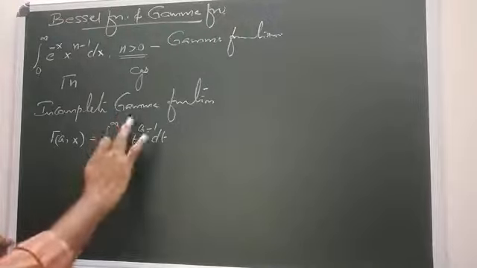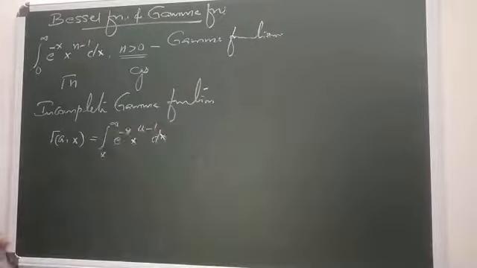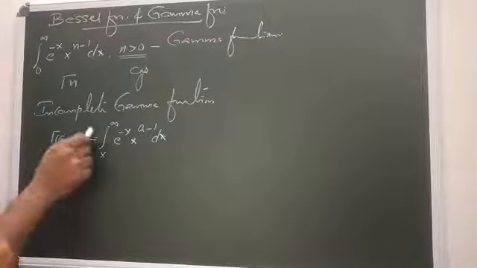So this is the incomplete gamma function, known as the upper incomplete gamma function, denoted as gamma(a,x).